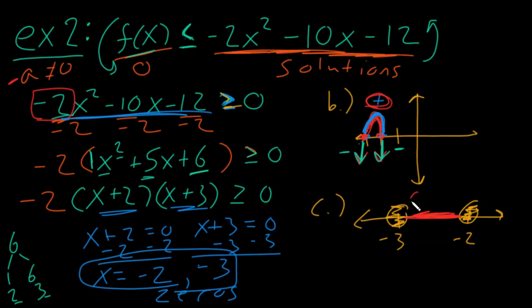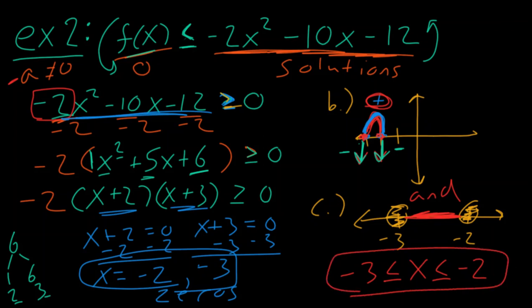This is going to be what you would consider an and statement. We're saying that x, well, here, let's write it like this. -3 is less than or equal to x, which is less than or equal to -2. So we're saying that x is greater than -3 and it's less than -2, but you write it like this.